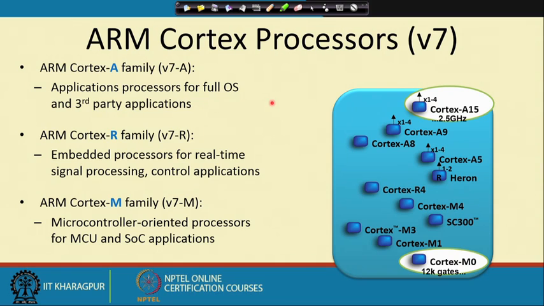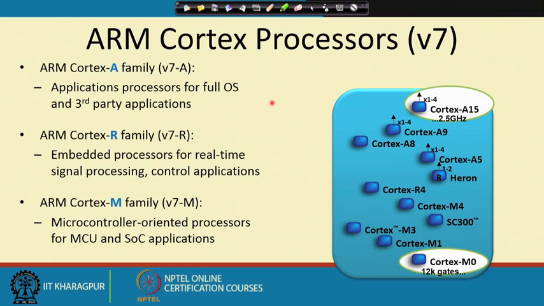One is the Cortex A family. These are for the servers, or you can say for the application processors, for supporting the new operating systems and all that. This is basically for computational jobs, lots of computations, the server type of application. So, the Cortex A series of processors are used there.